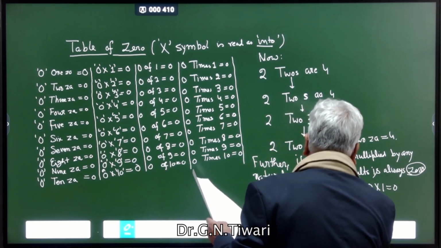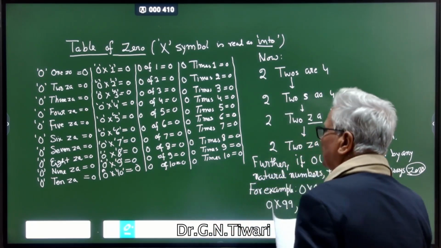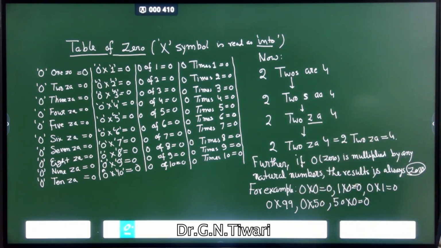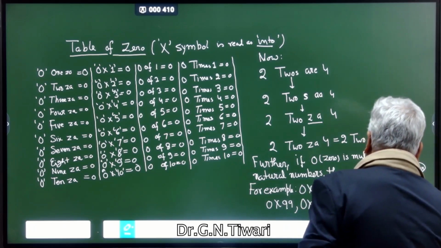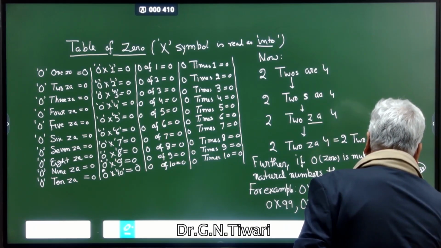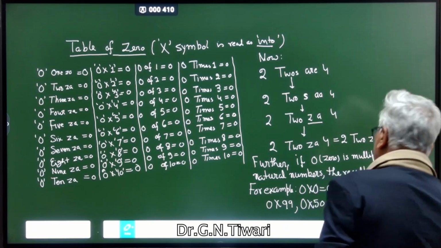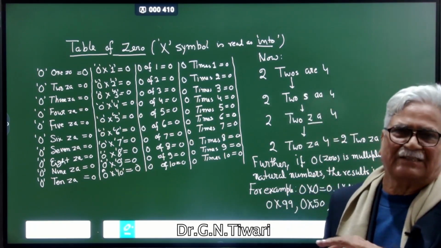Or 50 into 0 is also 0. Then a question will come: if you multiply 0 by infinity, what will happen? It will also be 0. A class 1 student doesn't know about infinity, but I am telling you infinity into 0 is also 0, which I will explain in a better way in the next classes. Thank you very much.